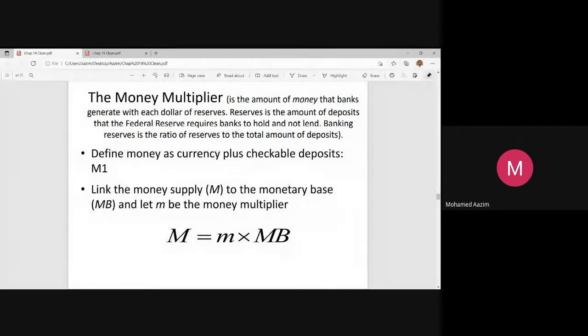C plus R. We went through that in the simple model, and even in the big model, there's no difference. But for our further understanding of this concept, we have now brought the money multiplier into the equation. So we defined money supply M as multiplier times monetary base. While this being said, we also define M1 as currency plus checkable deposits.